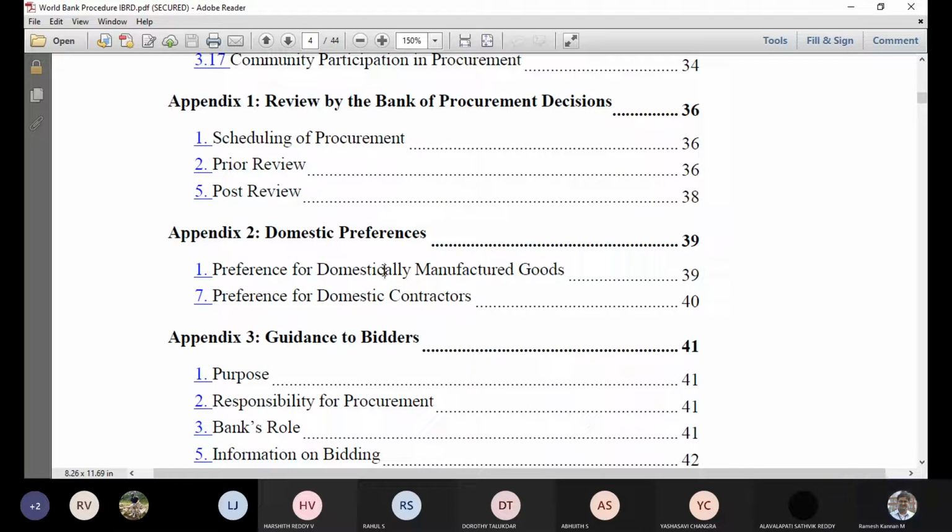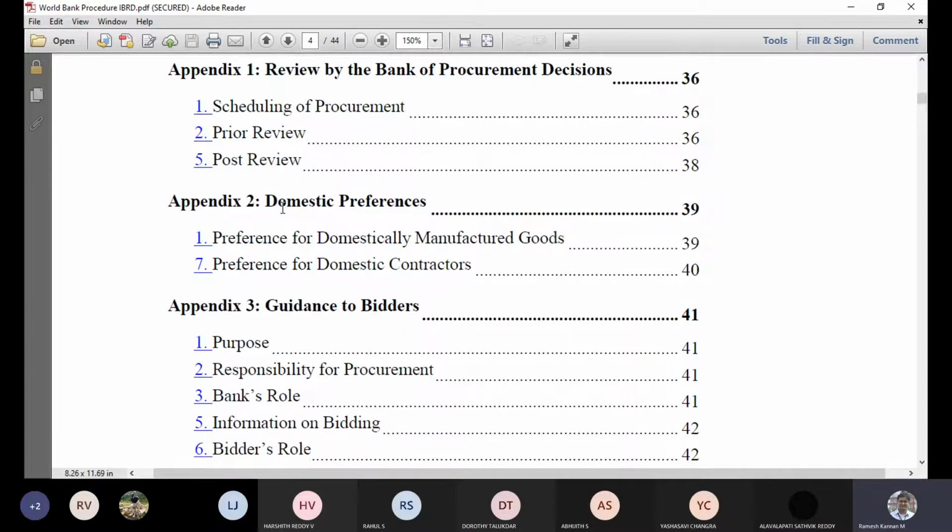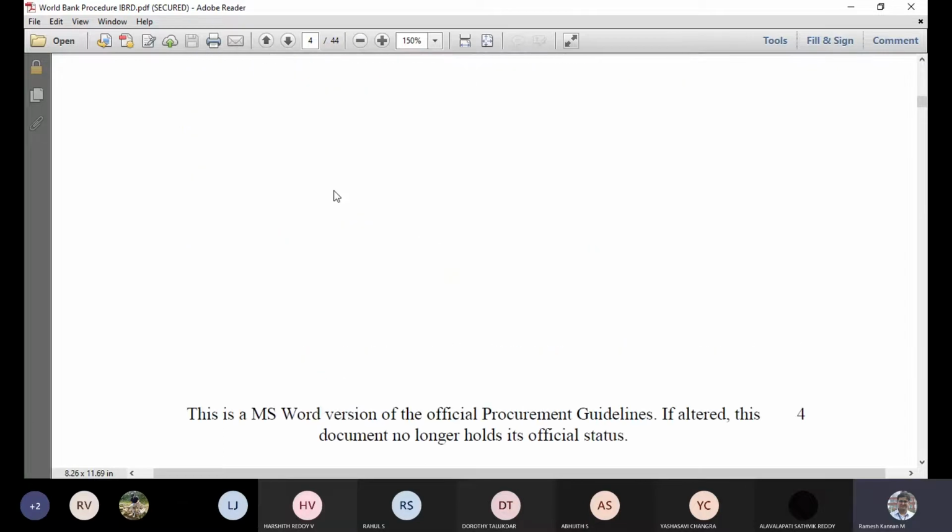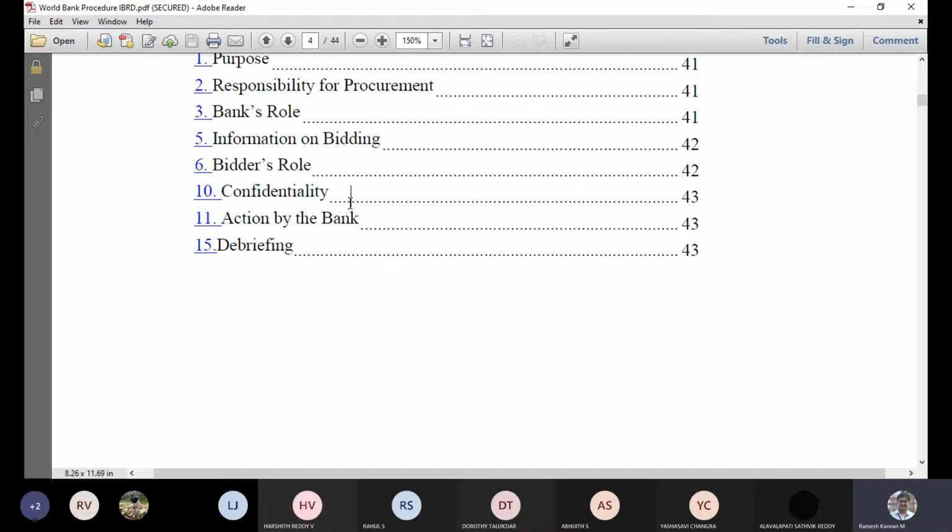Right. We also talk about other related steps like guidance to bidders. Very important here is confidentiality, right? It applies not only to the bidder, but also to the person who evaluates that bid.